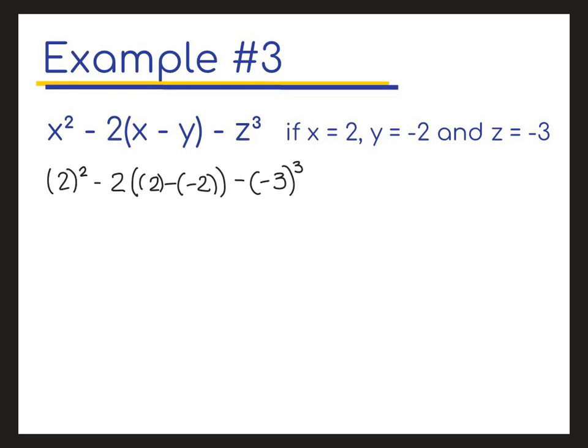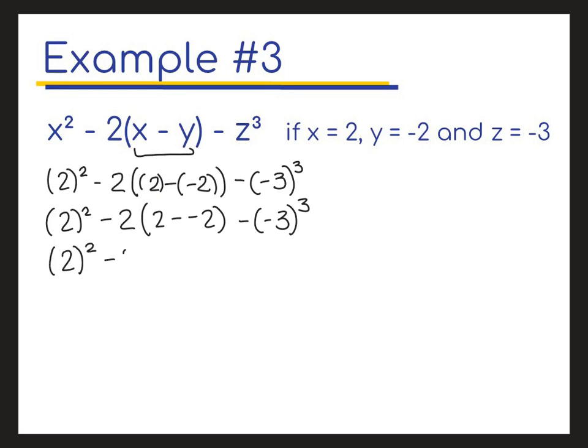Then I want to follow my order of operations, so I have this set of parentheses here, so I'm going to start by simplifying that. So I would have 2 minus negative 2 in here. When I evaluate that 2 minus negative 2, this becomes addition, so I end up with 4.